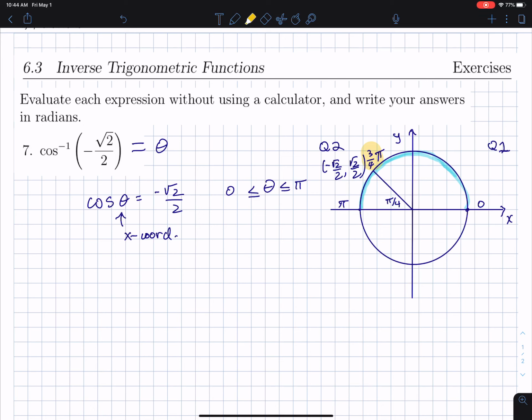We could also use a right triangle approach, but I'm going to just call this the reference angle. I'm also going to write it as 1 over rad 2, and so that's adjacent over hypotenuse.